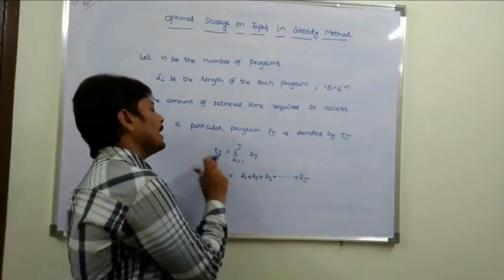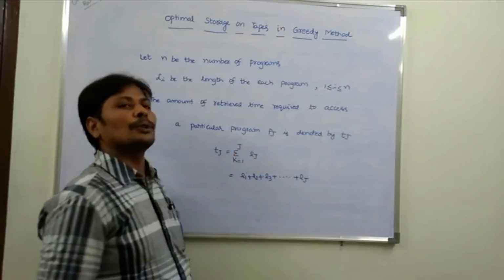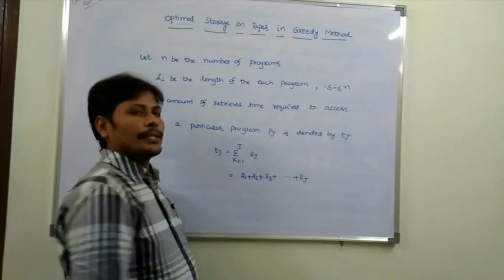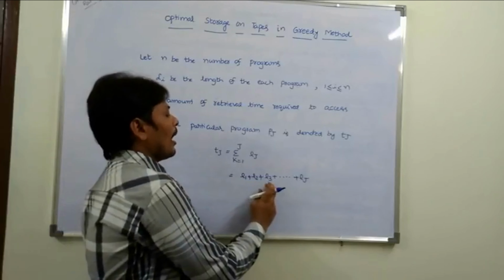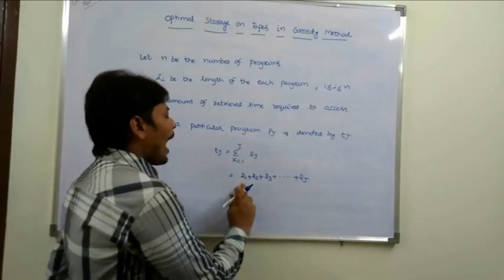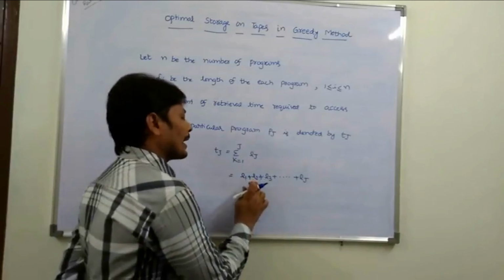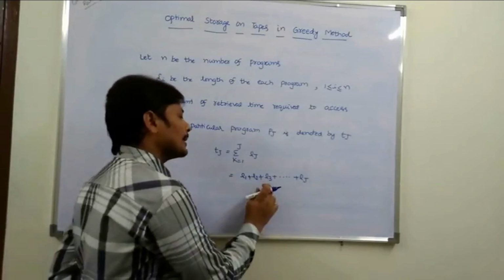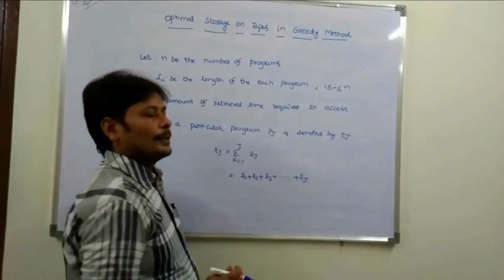We are adding the first program length, plus the second program length, plus the third, up to the jth program length.